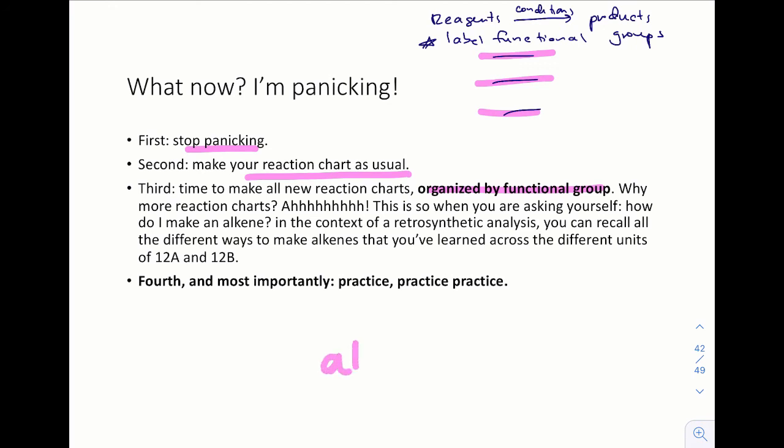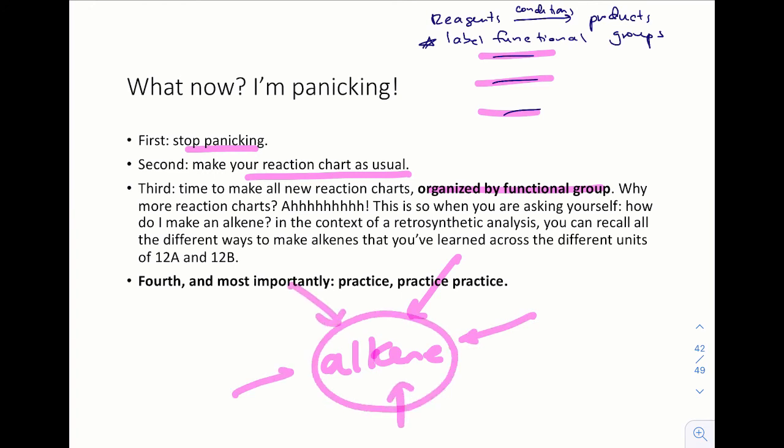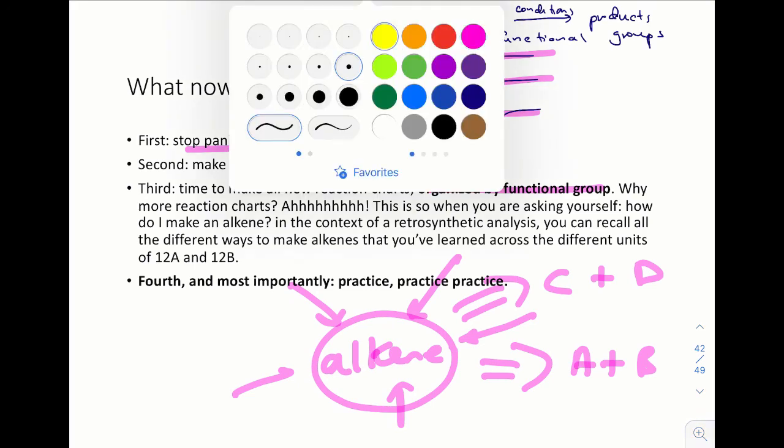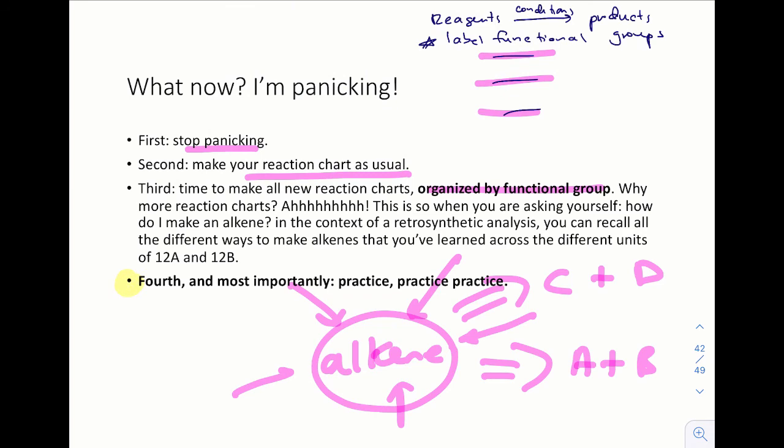These are really helpful. I've mentioned them several times in these videos. So think about all the different ways that you can make alkenes so that when you encounter an alkene, you say, oh, that could come from A plus B in acid. That could come from these two in a dehydration. So think about all the different ways that you can make the most commonly encountered functional groups. And then the most important step really is that you do a lot of practice.